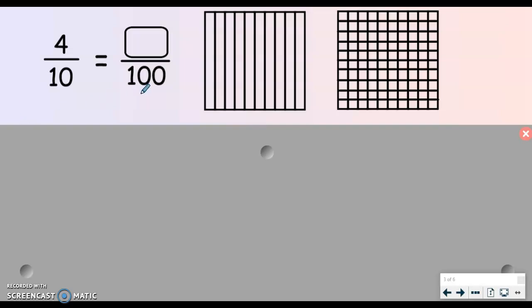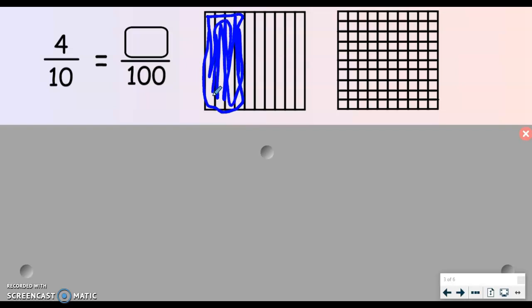So let's go ahead and try a couple of these. I have models here if you would like to use them, or if you want to use the other strategy, go ahead and pause the video and figure out what 4/10 would be in hundredths. If you use the models over here, you would have shaded in 4/10, or 4 of these bars.